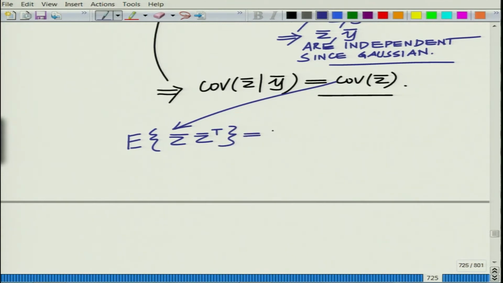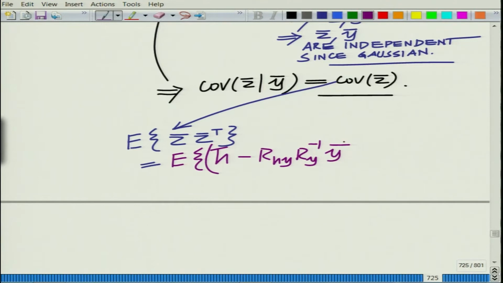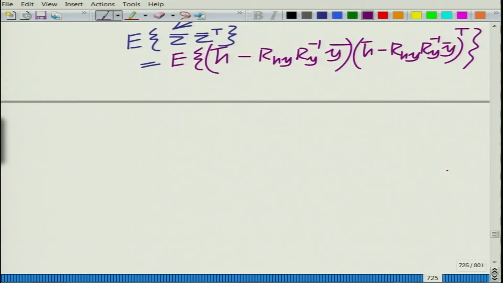So the covariance of z bar is the expected value of z bar times z bar transpose, which, if you use the expression for z bar, is the expected value of h bar minus R_HY R_Y inverse y bar, into h bar minus R_HY R_Y inverse y bar, transpose.